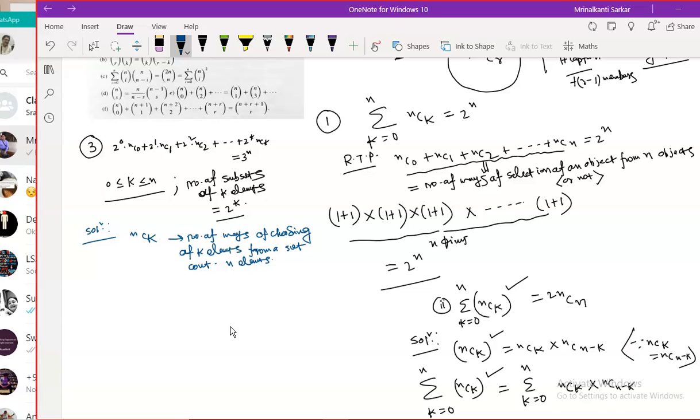Okay, that k is greater than or equal to 0, less than or equal to n, that I told you. This is part of the solution. This is not a given thing. But k must be greater than or equal to 0 and less than or equal to n.